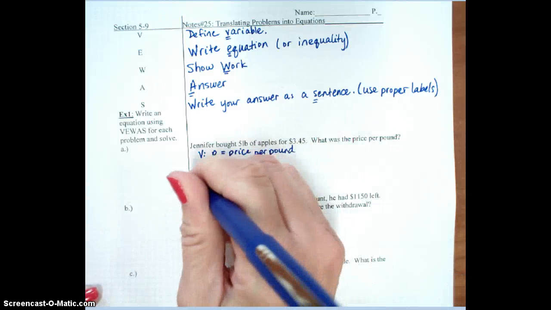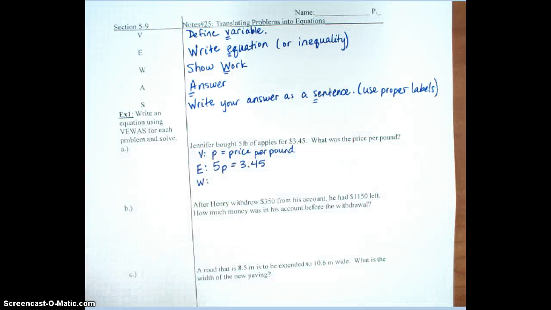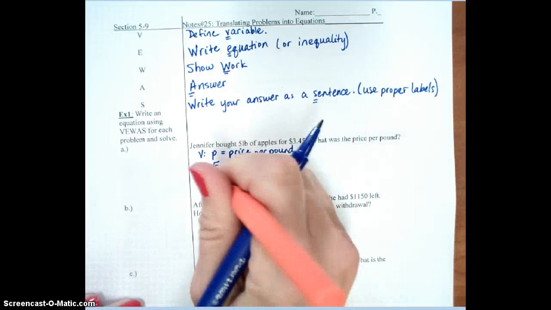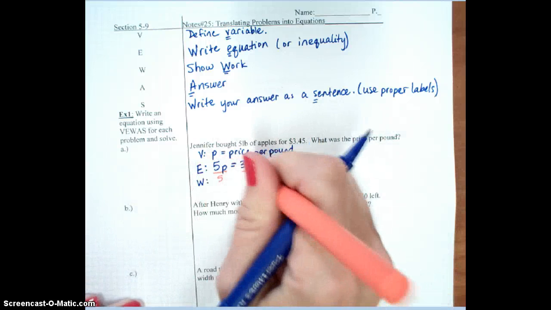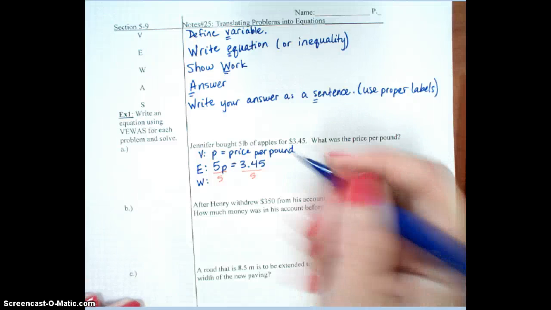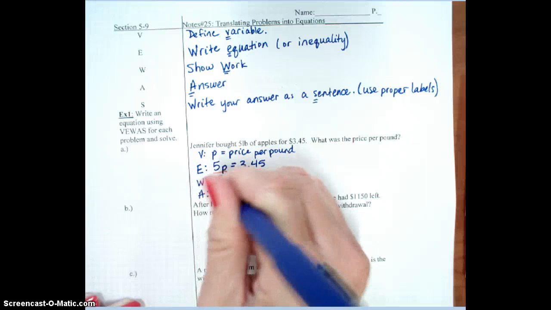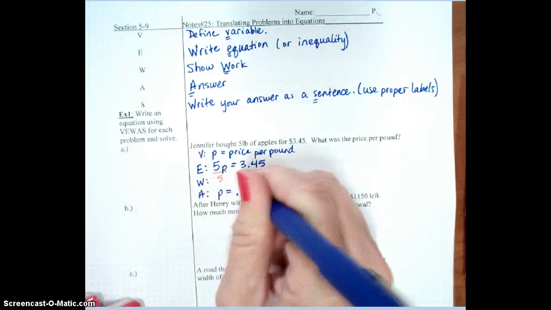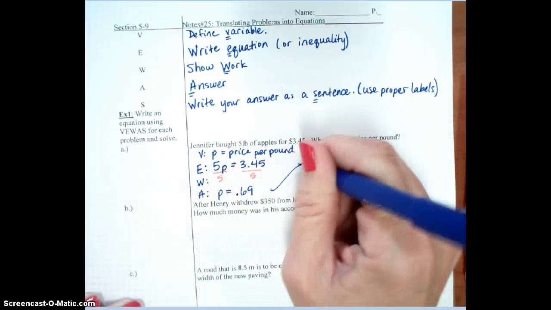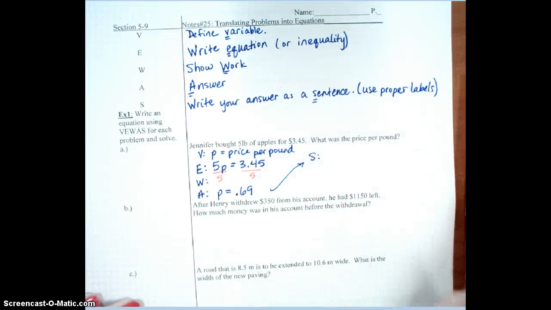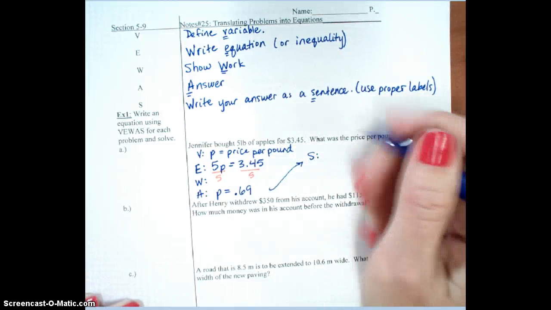And then I'm going to show work on my equation. So I want to solve for P. I'm going to divide both sides by 5. And then as an answer, I get P equals 0.69. So now I want to actually express that as a sentence that answers the question that was being asked.